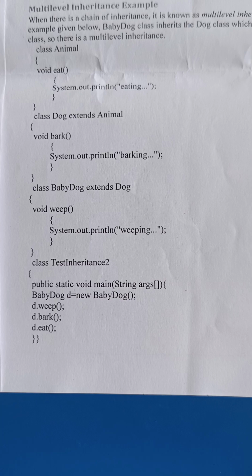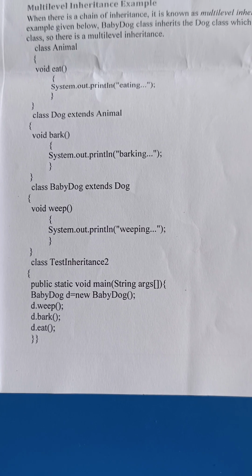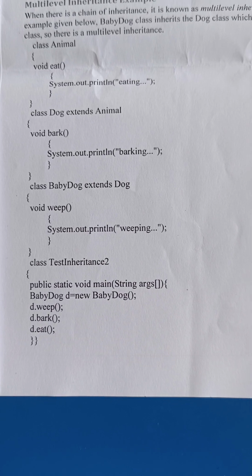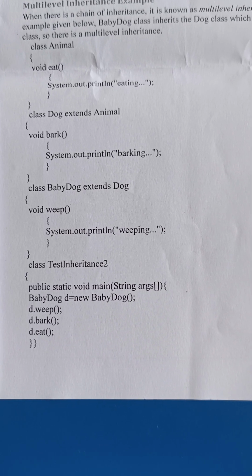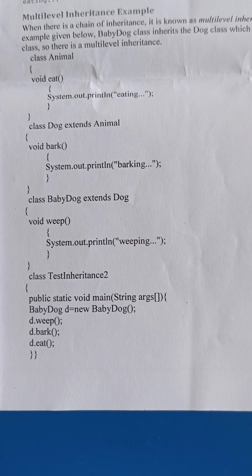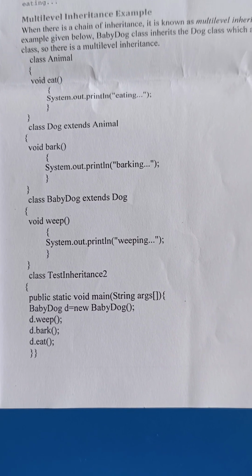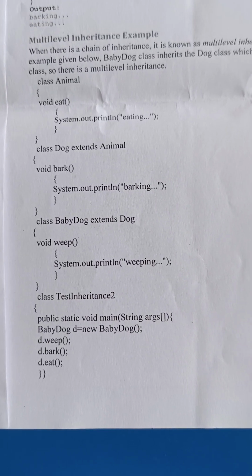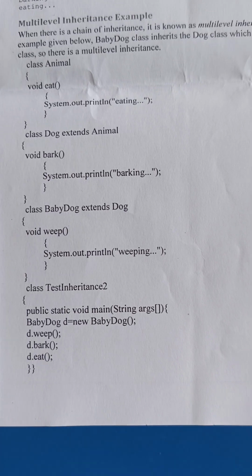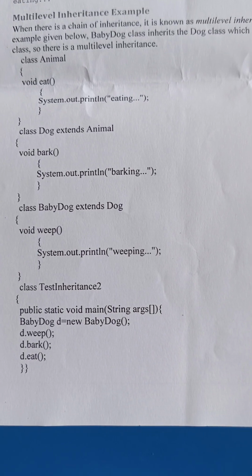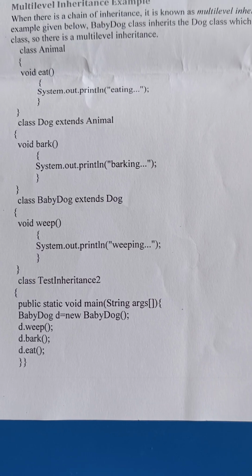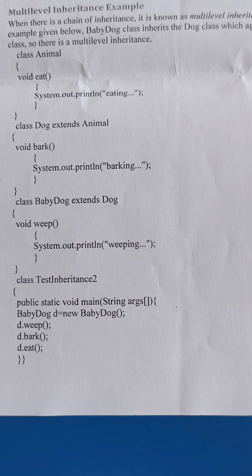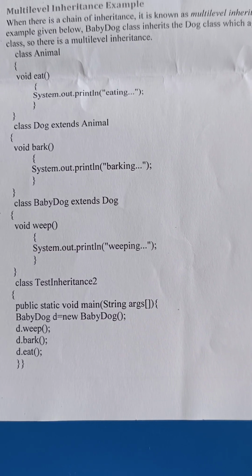The same class animal and the same method eat. Then one subclass is class dog extends animal, same as in single inheritance. Here we go to the concept of multi-level. We create another class called baby dog. Baby dog extends dog. That is, baby dog is derived from another derived class, dog.